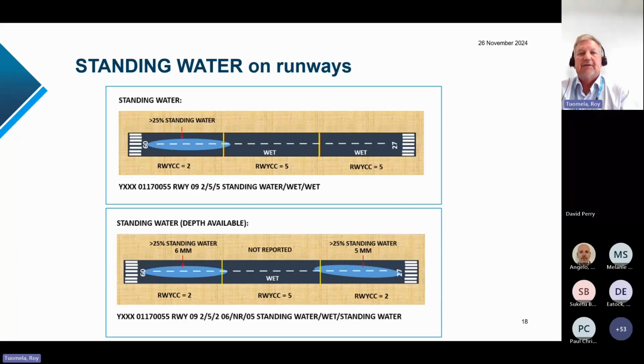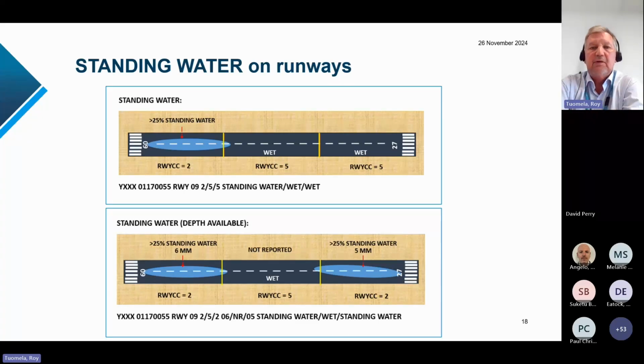So again, as I said, know your own runway, measure the depth. You can measure the depth when aeroplane operations aren't taking place, so you don't have to have personnel out there in harm's way when there's aircraft operations taking place.